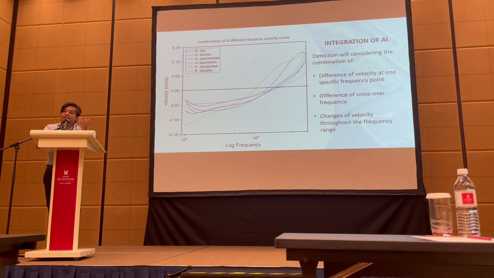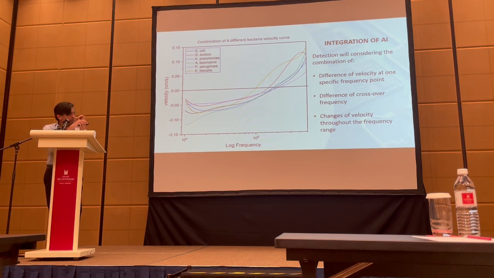This is the combination of all 6 different bacteria into one velocity curve. The part of AI integration is that there are 3 areas where the AI can try to recognize and differentiate different bacteria. First, we pick one point, for example this point, and the velocity of different bacteria will be different.